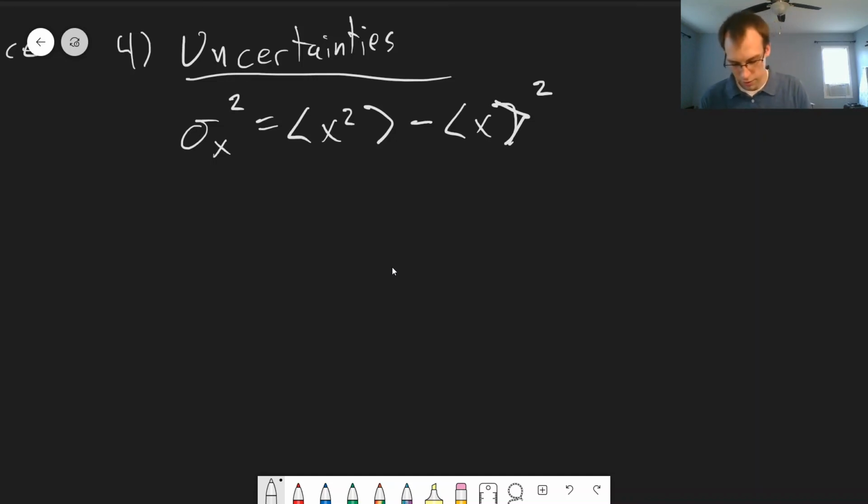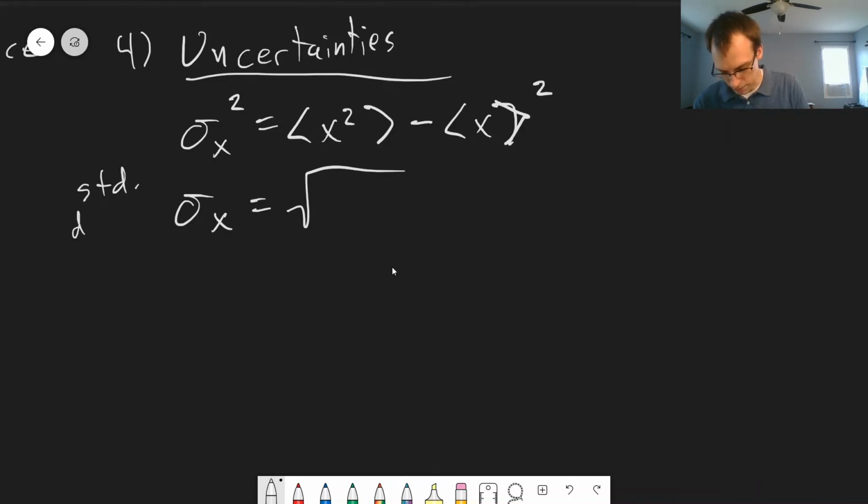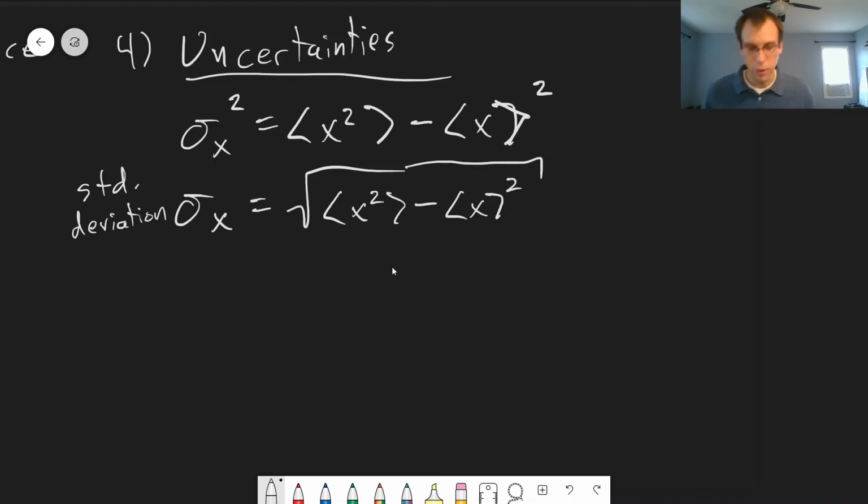And so we could say sigma x is the square root of this, what we'd call the standard deviation. So if we have the wave functions, we can find these expectation values and we can find the uncertainties. And again, we'll go through this in more detail in a separate video looking at a specific example for, say, x and for the position and the momentum.